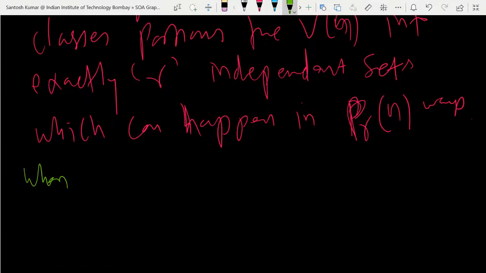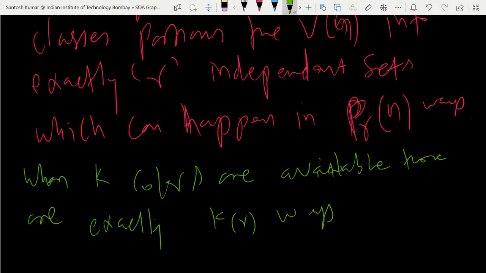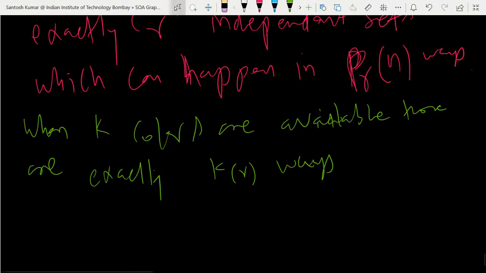And when K colors are available, there are exactly KR ways, okay, meaning I have a total of K colors, I want to use only R of them because we have R independent sets. So the number of ways, है ना, of selecting R colors out of K colors and arranging them is KR ways, or the number of permutations of K colors taken R at a time, this is KR.